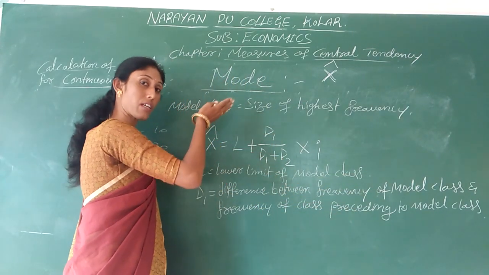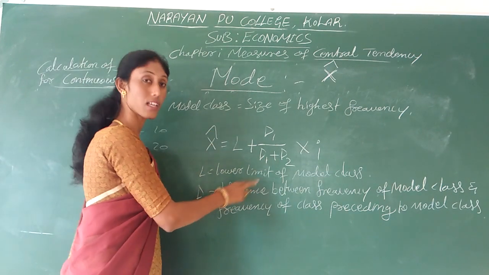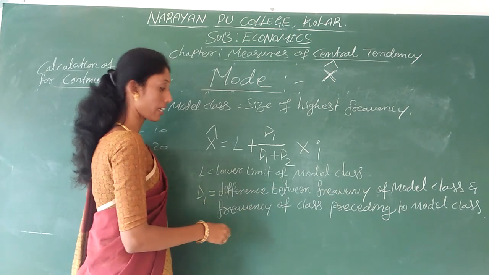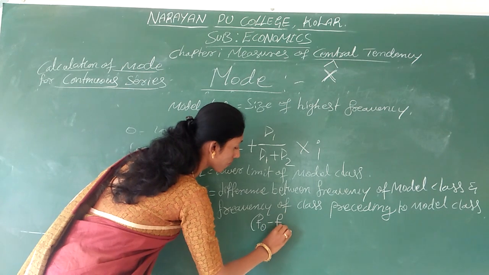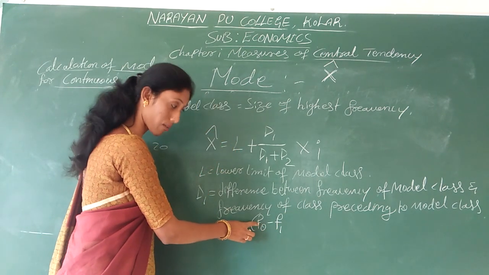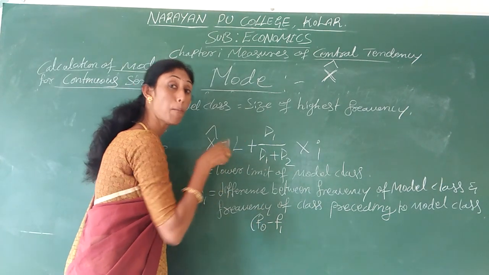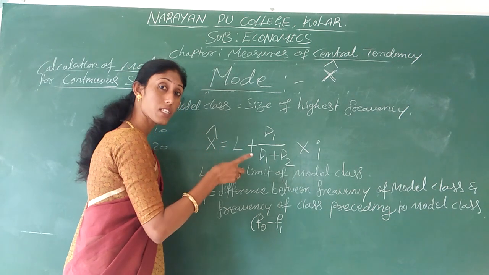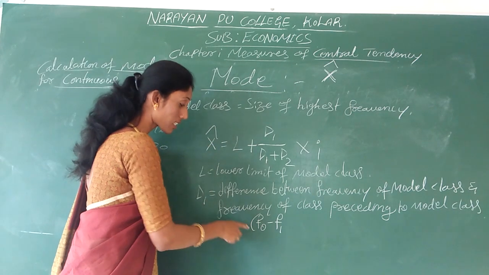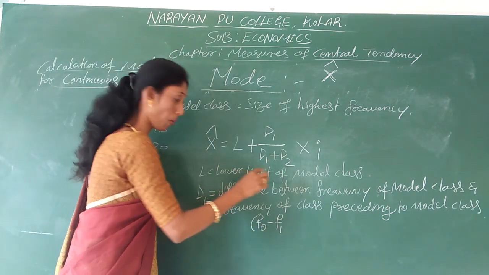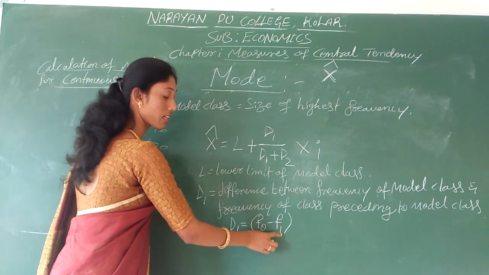It means the previous frequency is subtracted from the frequency of the mode class. We can indicate this simply in a formula: f0 minus f1. f0 means frequency of the mode class, f1 means frequency of the class preceding the mode class. That's why simply d1 is equal to f0 minus f1.